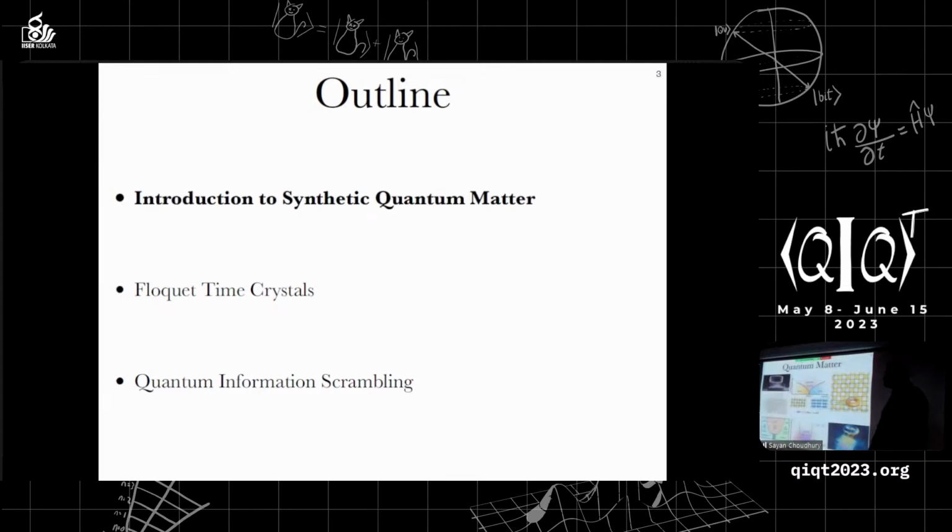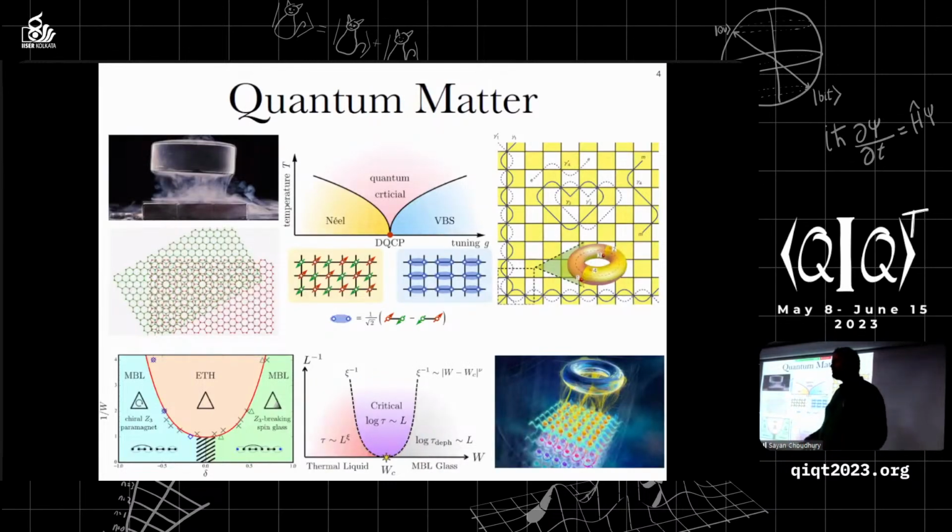So what is this? Before I talk about synthetic quantum matter, I want to first talk a little bit about quantum matter. Quantum matter is inherently very fascinating. It's the kind of collective behavior that we see when quantum mechanics comes together and plays with several degrees of freedom. When you have several degrees of freedom, then you can see a lot of exciting collective behavior. This can include superconductivity, it can include topological phenomena, fractional topological phenomena.